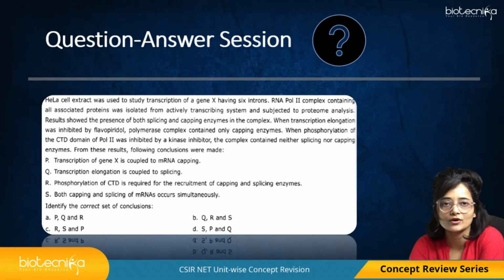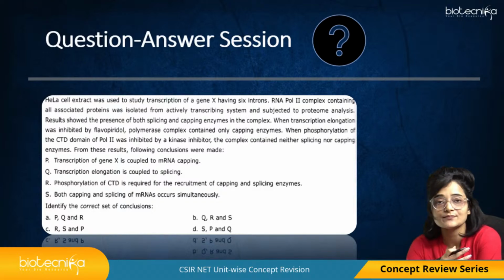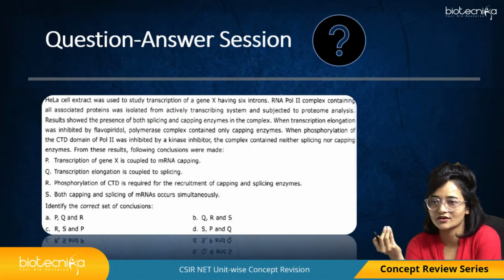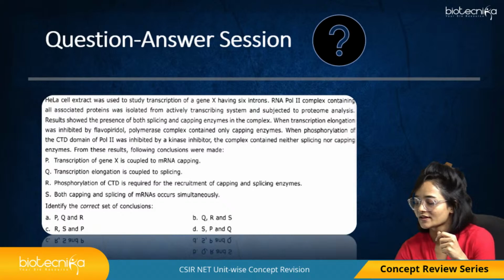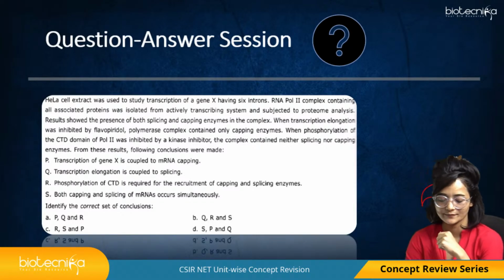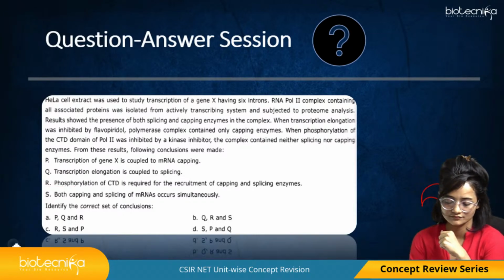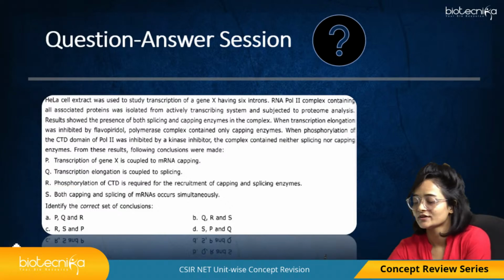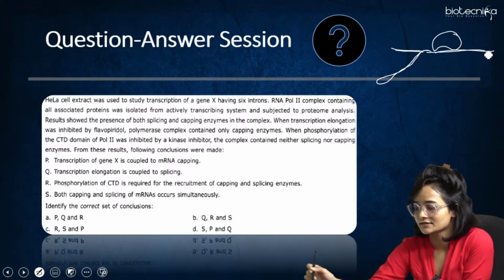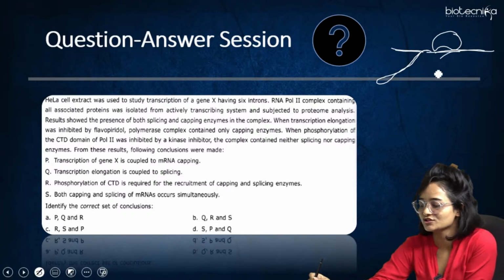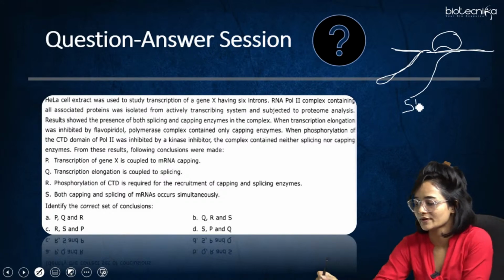The results showed the presence of both splicing and capping enzymes in the complex, right? As I've discussed, here is the RNA polymerase. It would have the CTD tail. It would be binding to the DNA and mRNA would be generated from here, 5' to 3'.